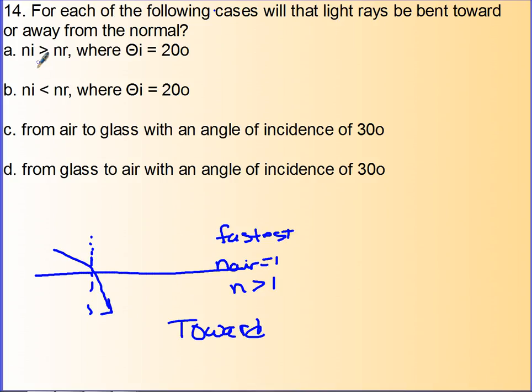All right, so if Ni is greater than Nr, which of these is this? Hold on, let me do this one in red. What if I reverse my direction? So now my ray is going this way. This one is going from slower material to faster, or from N greater than.